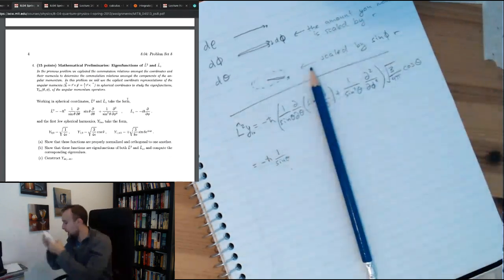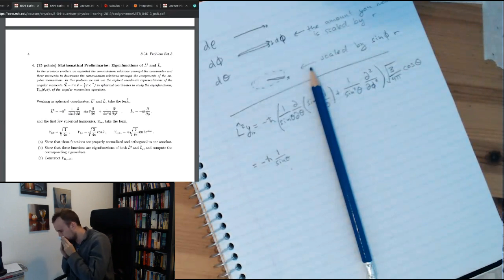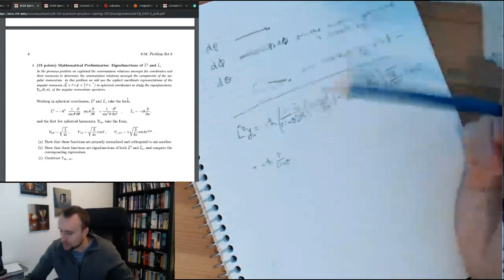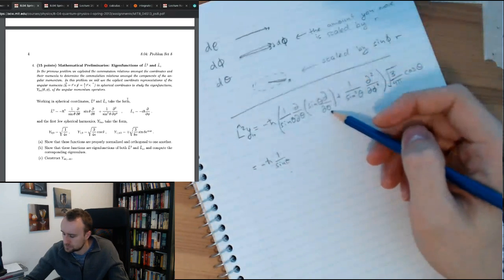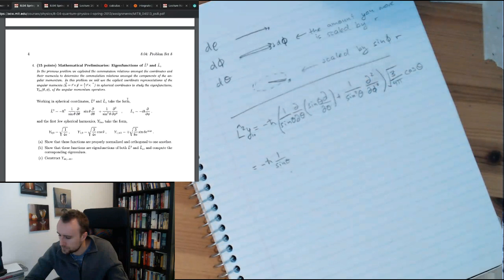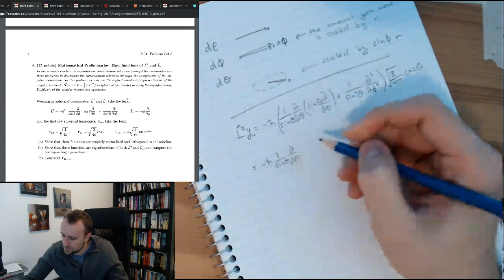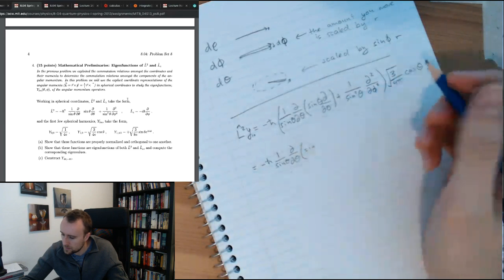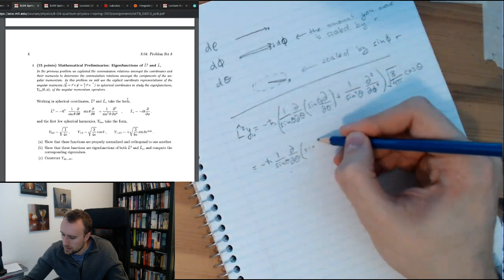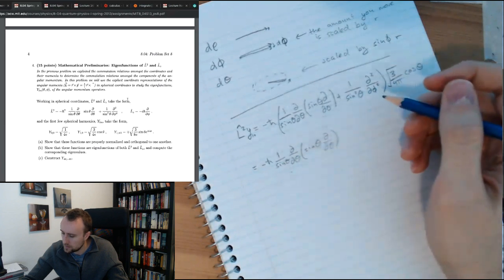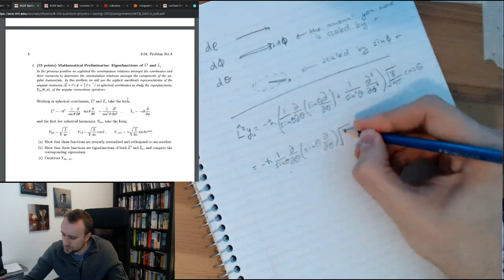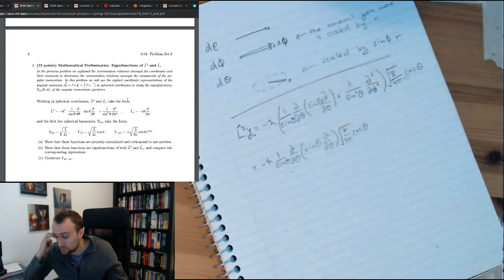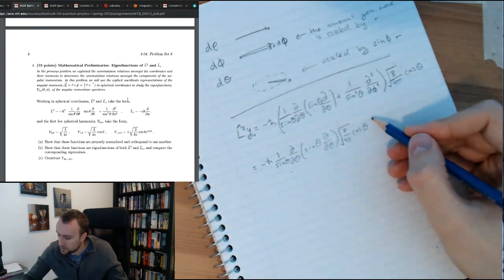d theta, sine of theta d theta. So we first apply this operator once.